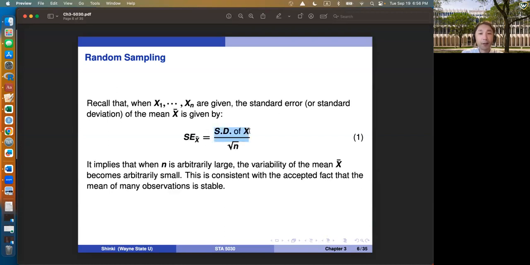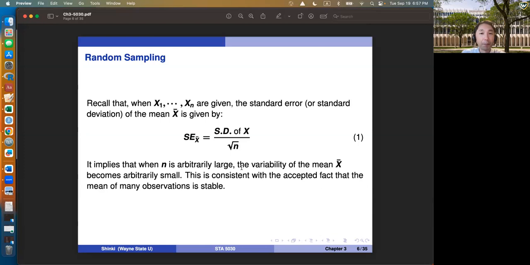If the standard deviation of X is 0.6, then the standard deviation of the mean of 5 observations is 0.6 over square root of 5. One observation has standard deviation 0.6, but the average of 5 new observations should be more stable.